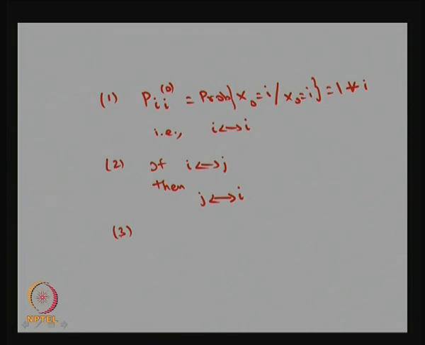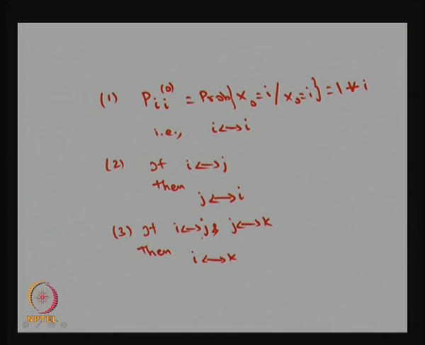The third one: if i communicates with j and j communicates with k, then we can conclude that i communicates with k. This relation is called transitive. So communicate satisfies the reflexive property, the symmetric property as well as the transitive property.